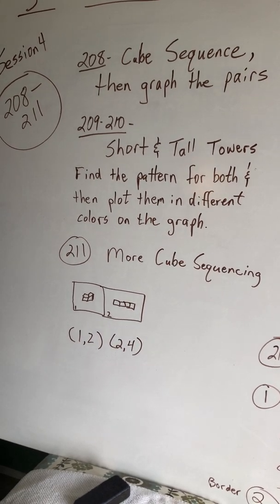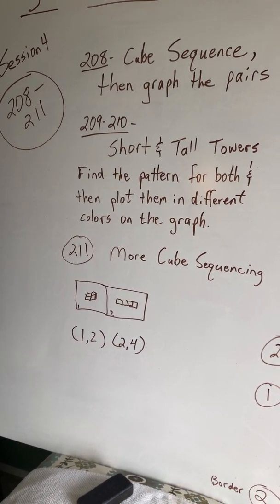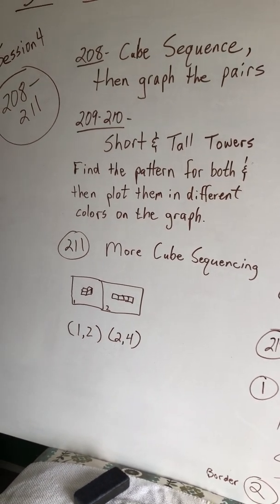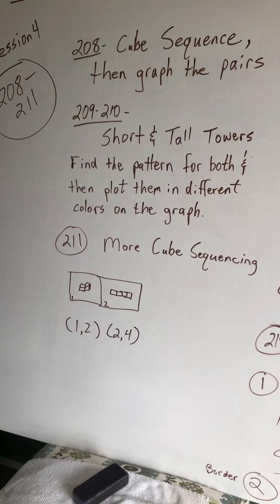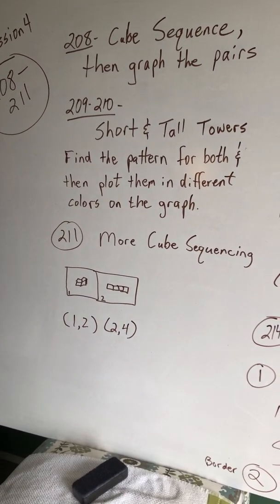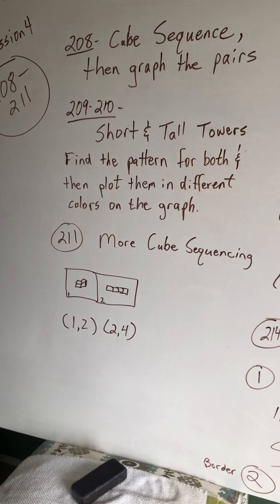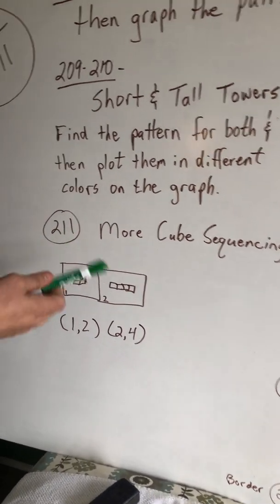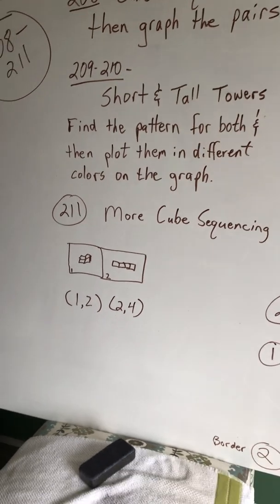If you plot each coordinate for the short tower, they want you to see how it goes up or down, and same with the tall tower. On page 211, it's just more cube sequencing.